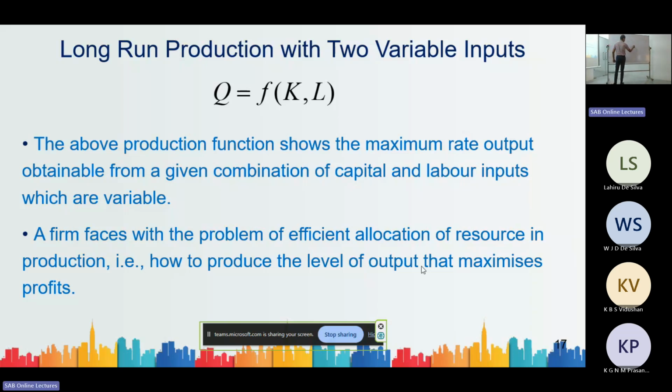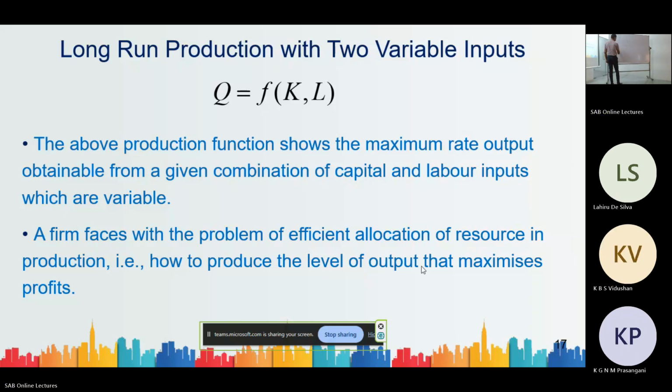And in the short run, we assume that capital is fixed and labor is variable. When it comes to the long run, both inputs become variable inputs.